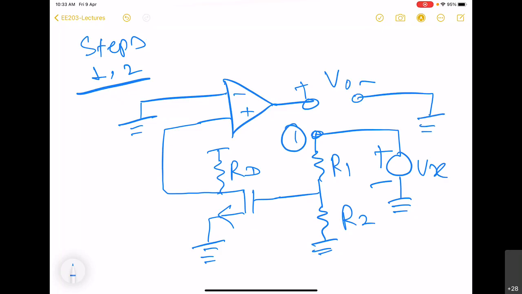So this will be valid for R1 plus R2 very, very large. Right. So we can now try to find out what will be the loop gain for this case.